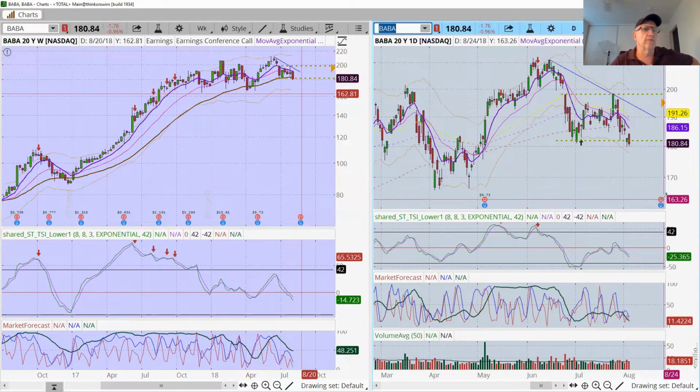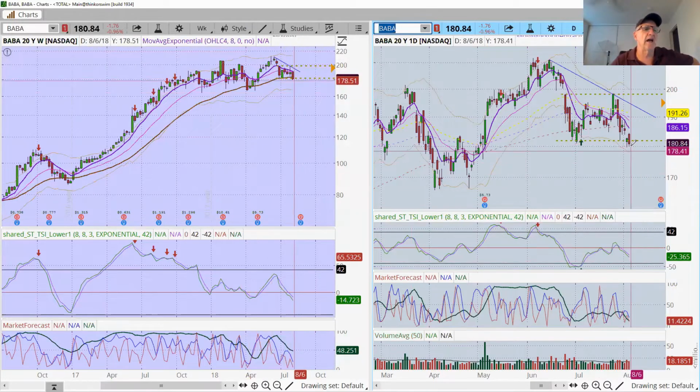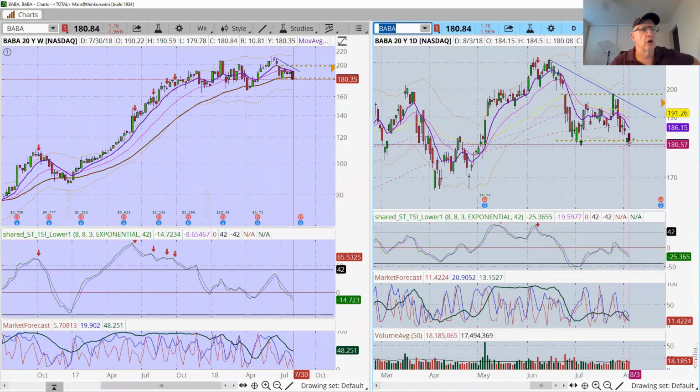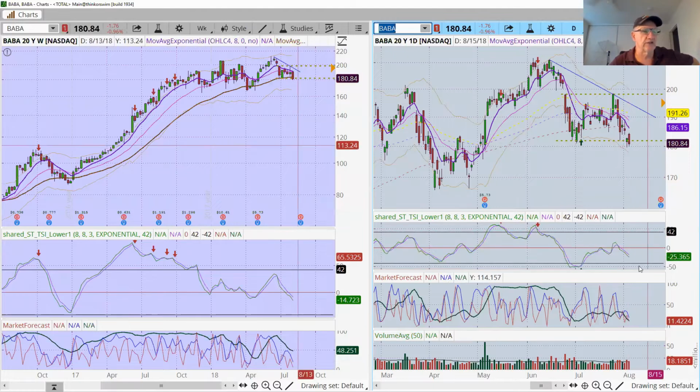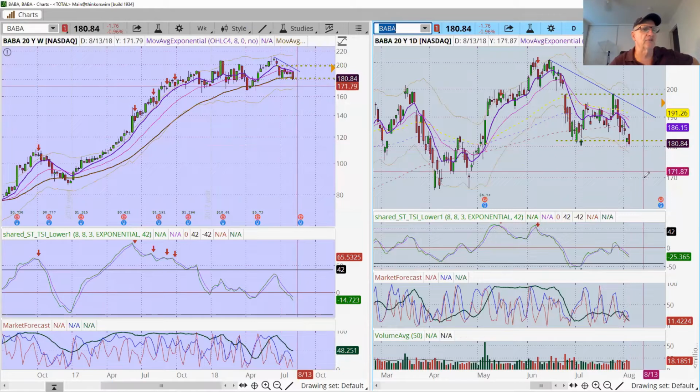Well, earnings are finally set for 8/23 before market opens, BMO. We are sitting at a level of support. However, I haven't gotten any kind of a reversal signal, be it a bullish reversal candle. And look at your daily TSI. Daily TSI is still pointing where? Towards the downside. And so it appears as if it may drop some more.